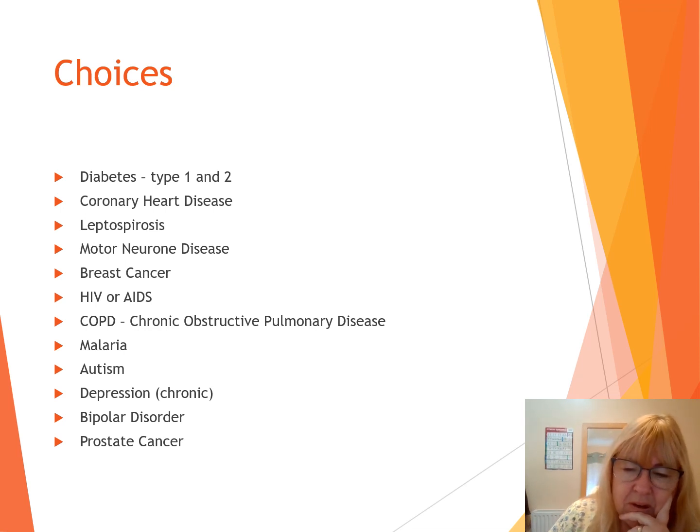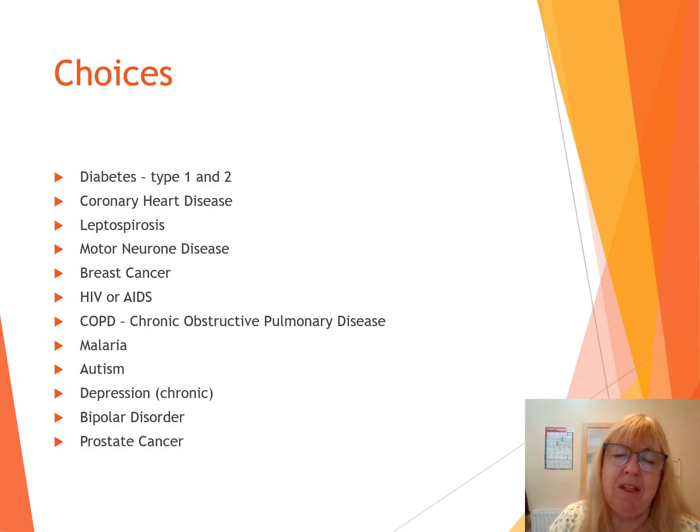I've said chronic because I don't want just to report if someone gets depressed because their husband's died and that, but eventually they go on to recover. That's fine, but that's not really classed as a long-term illness. But there are some people who suffer from depression for many years of their lives. So we're looking at something like chronic depression, bipolar disorder, or prostate cancer.